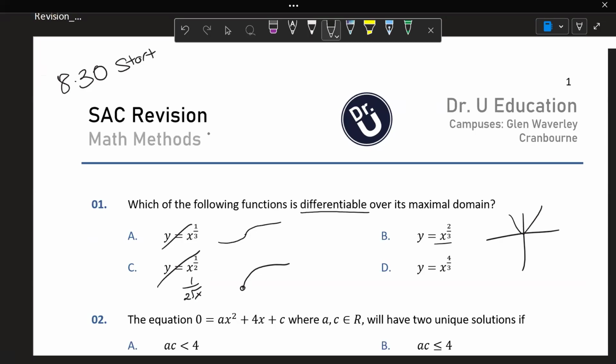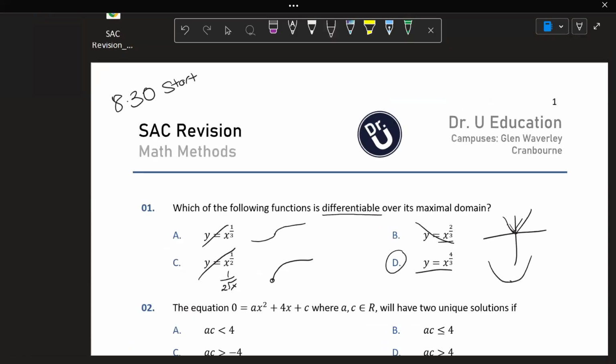When you differentiate this, the gradient should equal 0, but it's a very sharp gradient here. What do you call it? It's like a cusp. So this is also rejected. But when you graph this one, it's more parabolic, and the gradient can equal 0. So that's why D is the answer here.